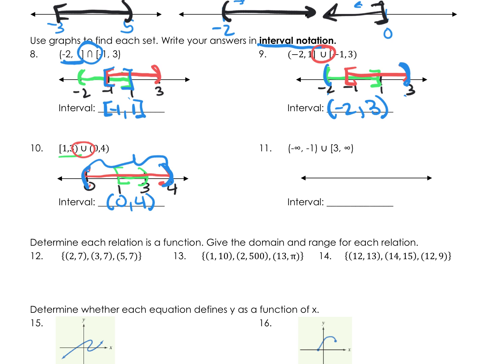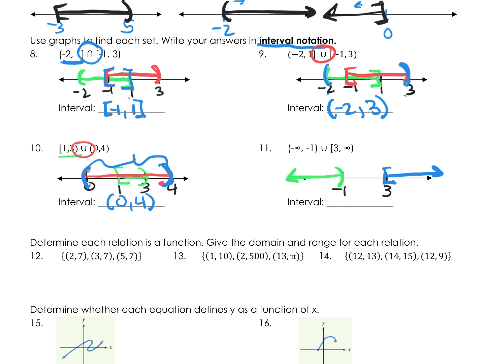So in this one, we'll graph -1 to -infinity and 3 to infinity. So -1 to -infinity will be a parentheses and then going to -infinity. And then this one will be 3 to infinity with a bracket. And we're finding the union. So it will just be everything that either one touches.